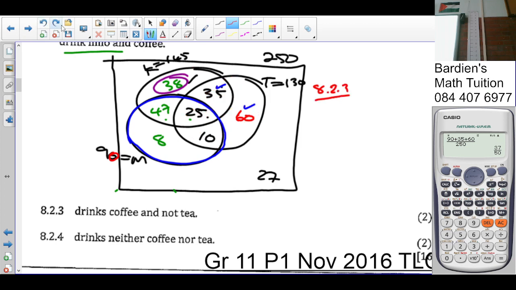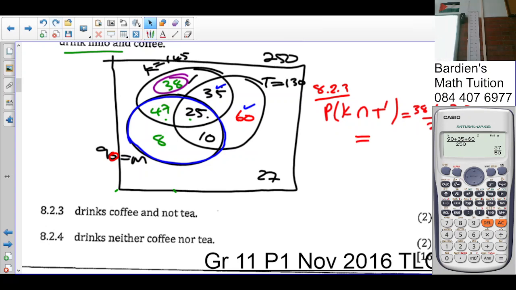So it's going to be probability of coffee and not tea. Tea, not. So it's going to be 38 plus 47 over 250. Which gives an answer. 38 plus 47 over 250 is 17 over 50.